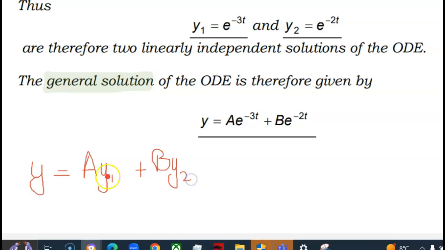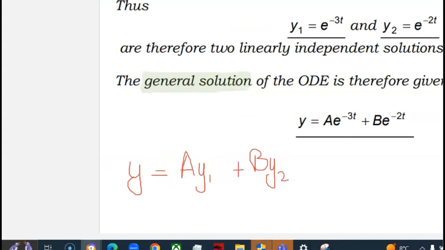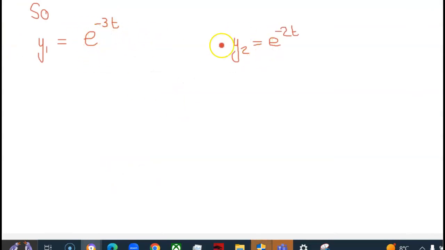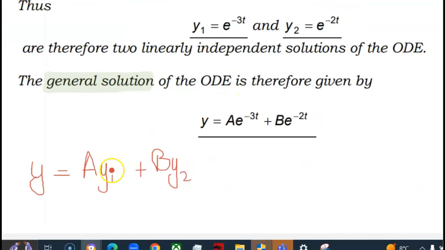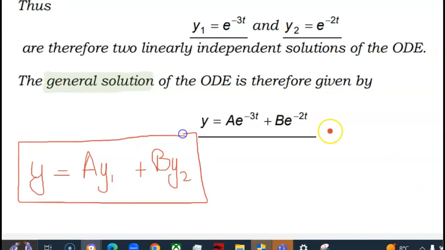Now you have the value for y1 and the value for y2. y1 is that one and y2 is that one. So you just put these values here and this will be the answer for the general solution of the ODE.